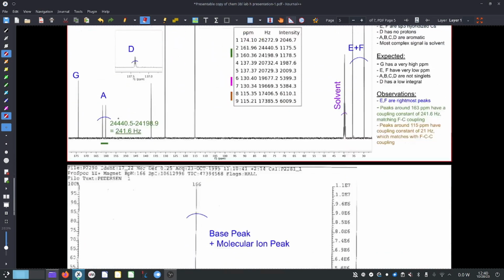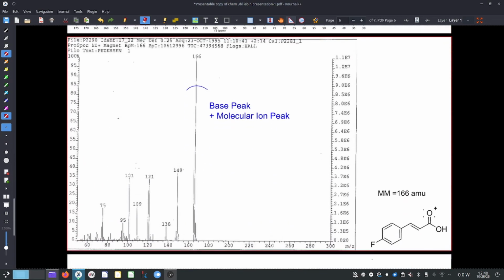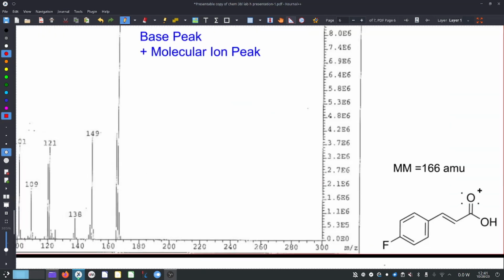Lastly, one thing we were supposed to learn is how to read mass specs. Molecular ions are basically your entire molecule minus one electron. If you take out one electron, it becomes a positive charge.